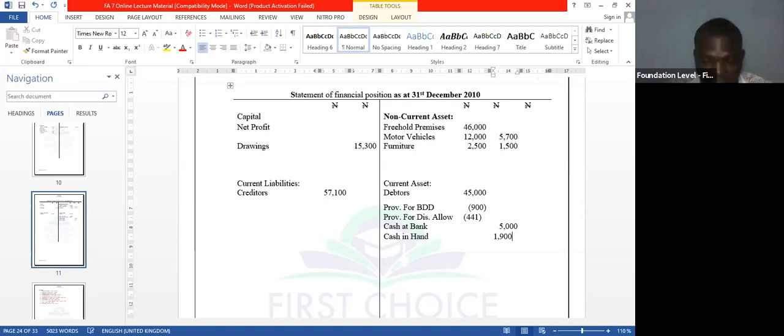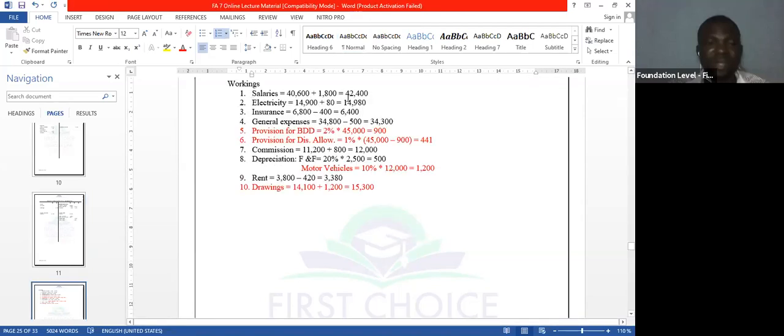Another one that we have is salaries and expenses. But we ask ourselves, have we made any adjustment on salaries? So we go to our workings. Yes, we have salary. On this working, the 2,400 is the one that goes to our profit or loss account, while 1,800 will be the one to go to our statement of financial position. That's accrued salary. If you are using the T format, it will show you straight.